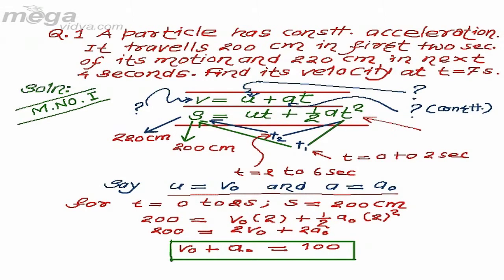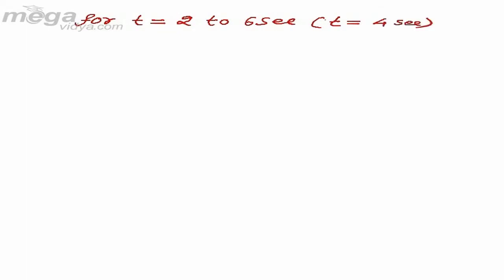to t equal to 6 seconds. The time interval now is t equal to 2 to 6 seconds, so total t becomes 4 seconds. You can say the time taken is 4 seconds. Here s is given to us to be 220 centimeters, time 4 seconds.